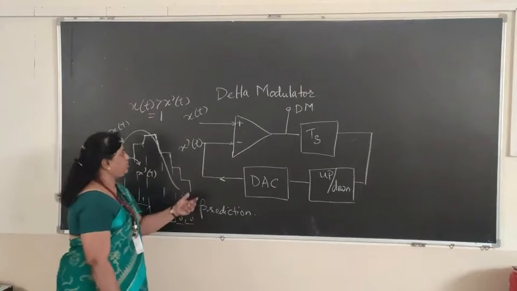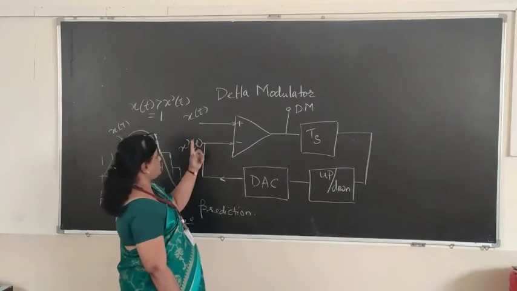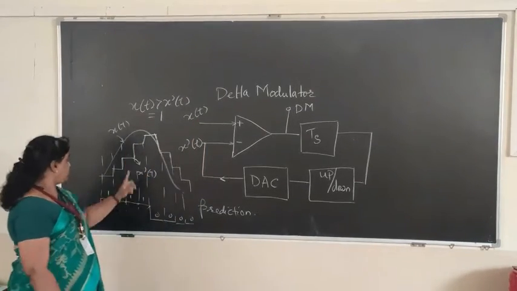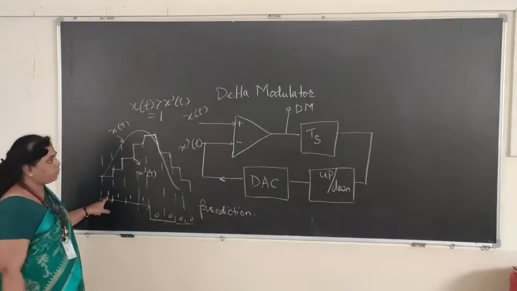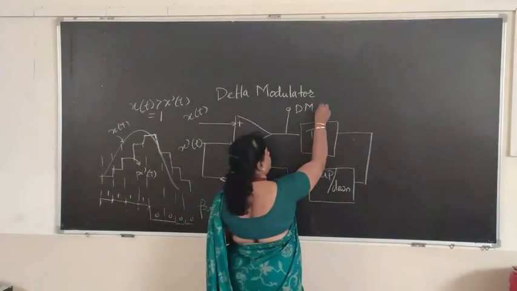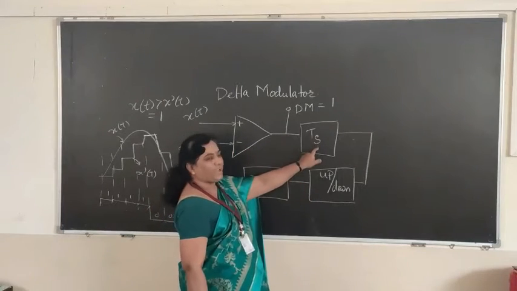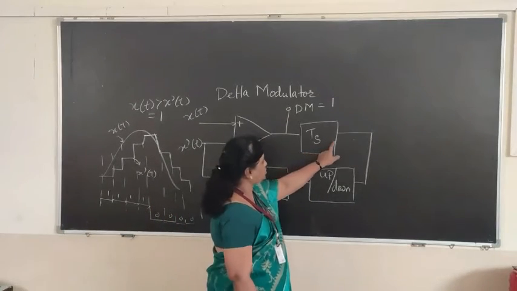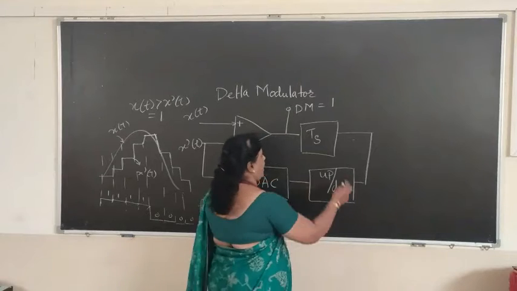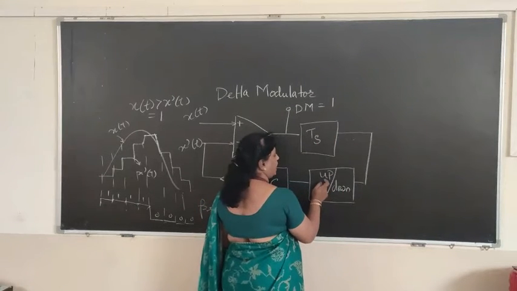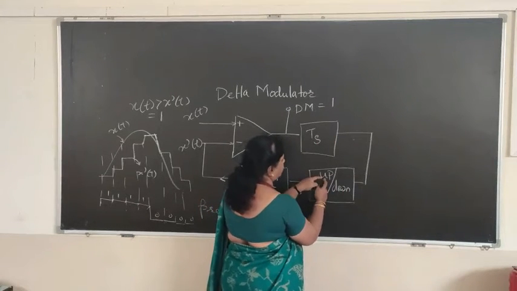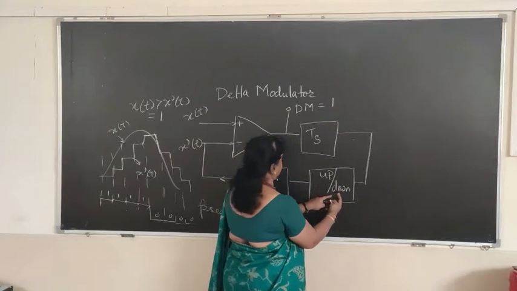Now how does the delta modulator work? So we'll say that x(t) and x'(t) are compared, and we know that the output is nothing but 1. So we'll say that the DM output for the first sample is 1. With a delay of 1 sample duration, it goes to an up-down counter. Now as the output is 1, the up counter will be activated and the down counter is in the reset mode.